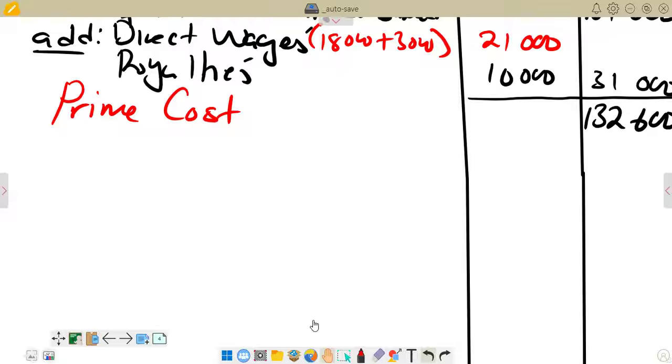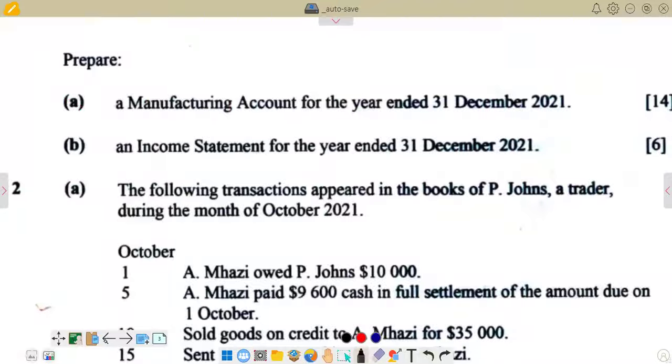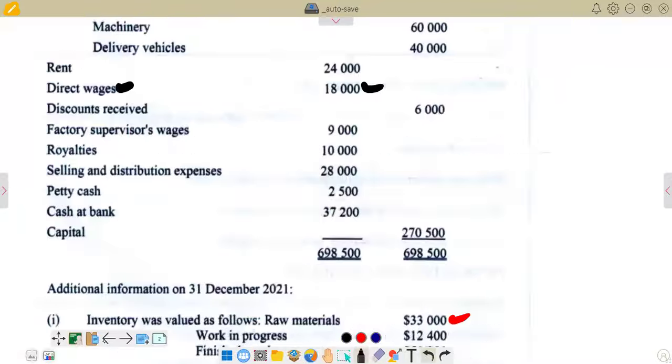We are now supposed to add our factory overheads. These are the figures that we are just going to list beneath this heading. So these are our factory overheads. We list all the factory overheads that we have. Under factory overheads, that's where we're going to put all indirect expenses that we have in the question.